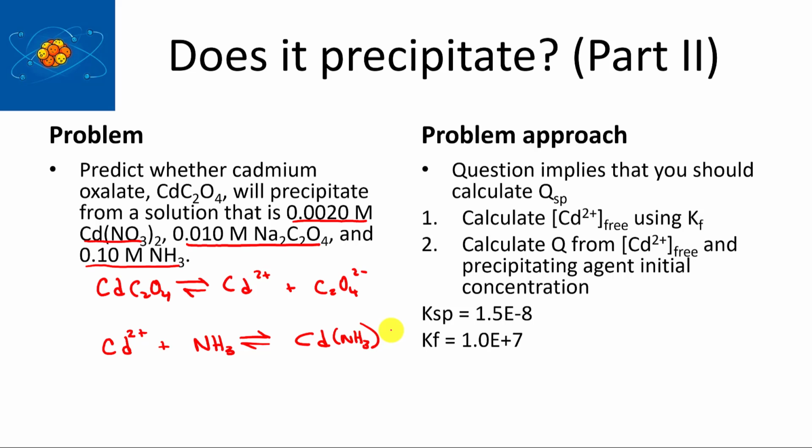I don't know what the reaction is, right? So how do you know what it is? Well, you look it up. So I looked it up, and it has 4 ammonias for every cadmium ion.